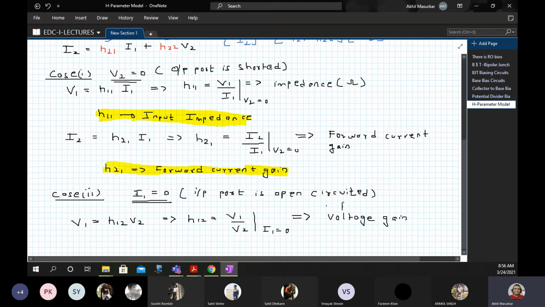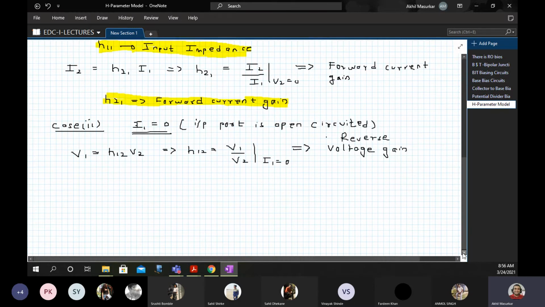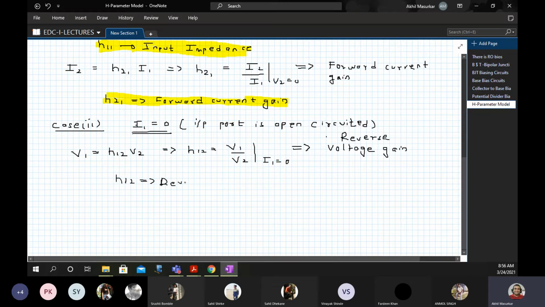So we call it reverse voltage gain. So H12 will be reverse voltage gain.